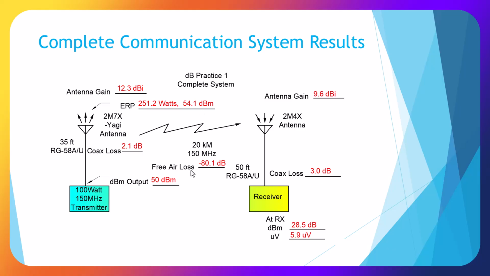We have a free air loss of minus 80.1 dB. We have a positive gain of 9.6 from our antenna, and we subtract out a 3.0 dB loss from our coaxial, which comes up to 28.5 dB and 5.9 microvolts.